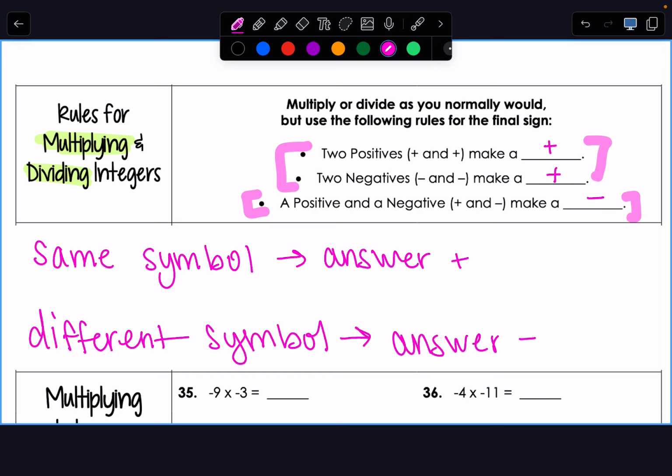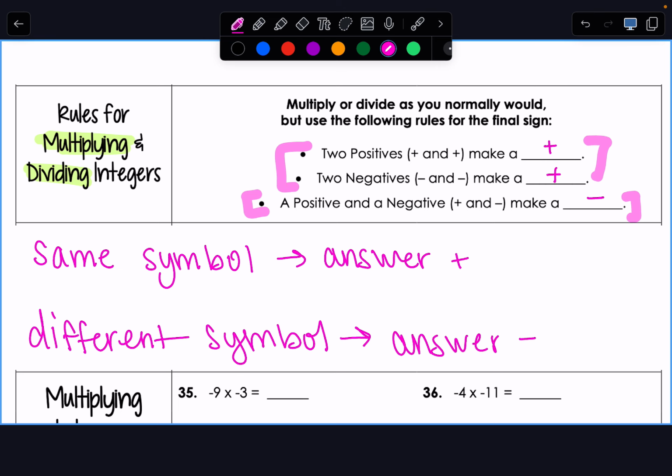Now, we're going to focus today on going through problems of multiplication and division. And some of you might think, oh, yeah, I got this. But then when we mix these problems with addition and subtraction, we're really going to have to keep our rules straight. So that's why we're going to practice them individually before we put them all together.